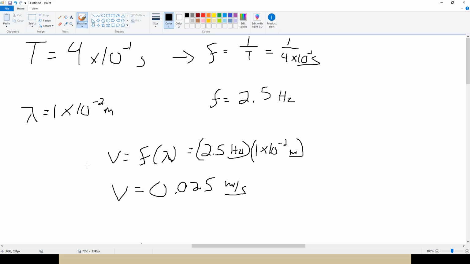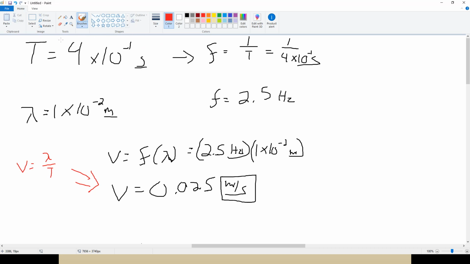Now, if you wanted to, you could have found the velocity without using the frequency, because looking at this unit, meters per second, this number's in meters, this number's in seconds, you find that if you actually do instead v equals lambda over period, this would also get you the 0.025 meters per second, because as I said before, period is just a very fancy time.